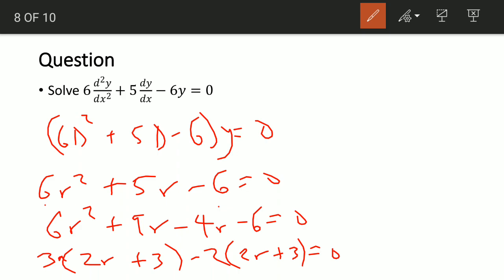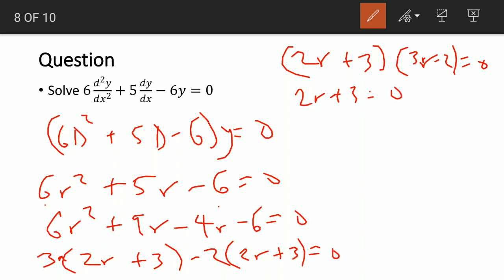So we now get 2r plus 3 and 3r minus 2 equal to 0. And with this, what does it mean? If 2r plus 3 is equal to 0, it means 2r is equal to minus 3. That means r is minus 3 over 2. The same thing here, if 3r minus 2 is equal to 0, 3r will be equal to 2.